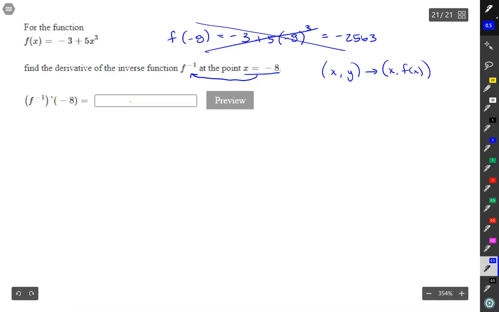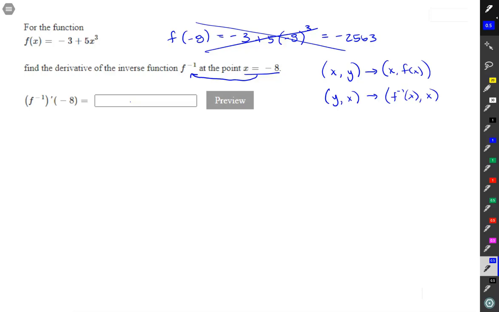The inverse swaps those things. So we have y, x is a point on the inverse function. So it's more like f inverse of x and x. Okay? So that's going to change how we use the negative 8.